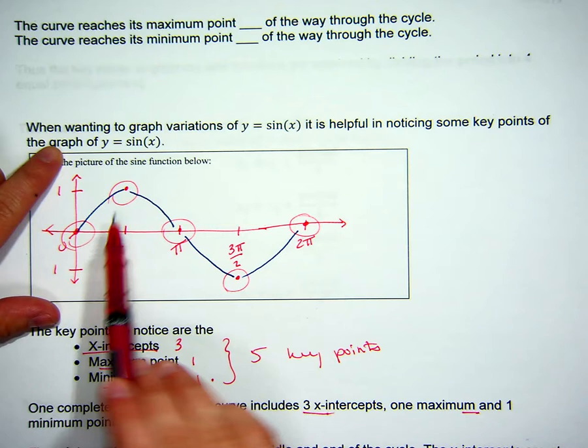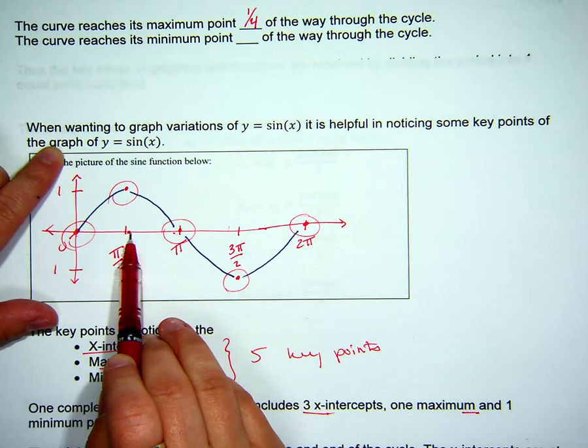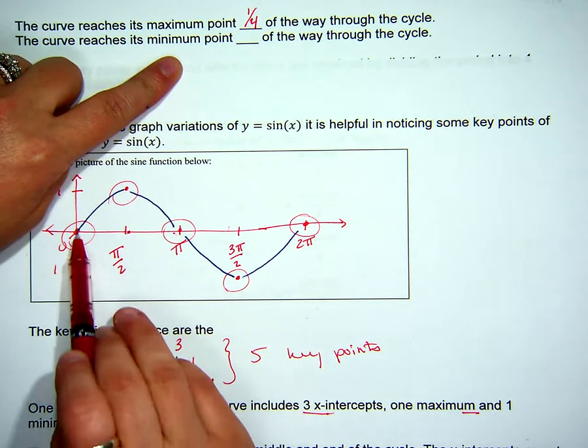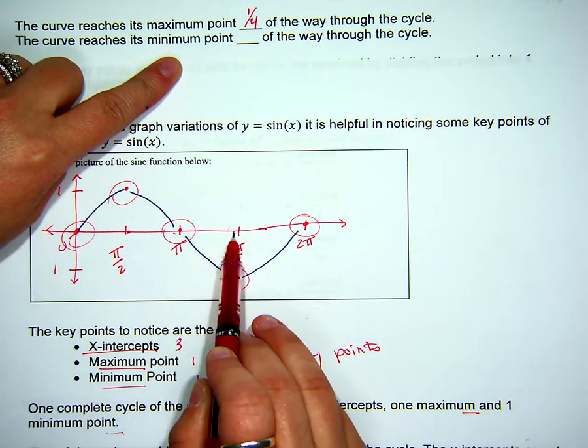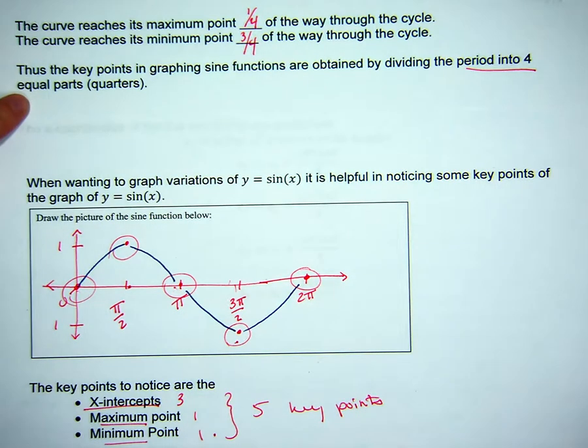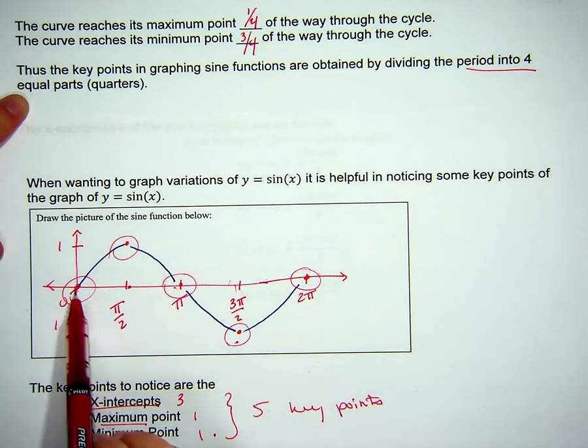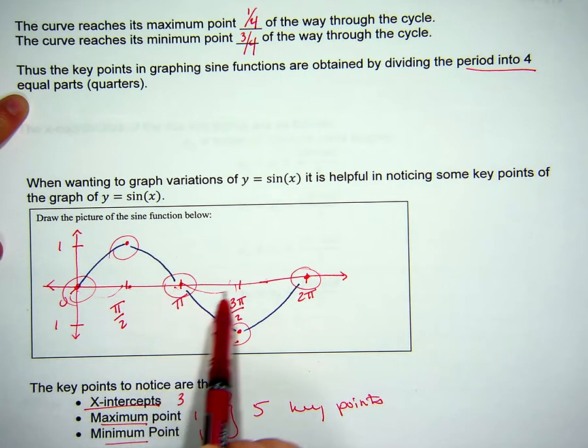So the max hits at 1/4 of the way through. The minimum hits at 3/4 of the way through the cycle. Thus, the key points in graphing the sine function are attained by dividing the period into 4 equal parts or quarters: 1/4, 2/4, 3/4, 4/4.